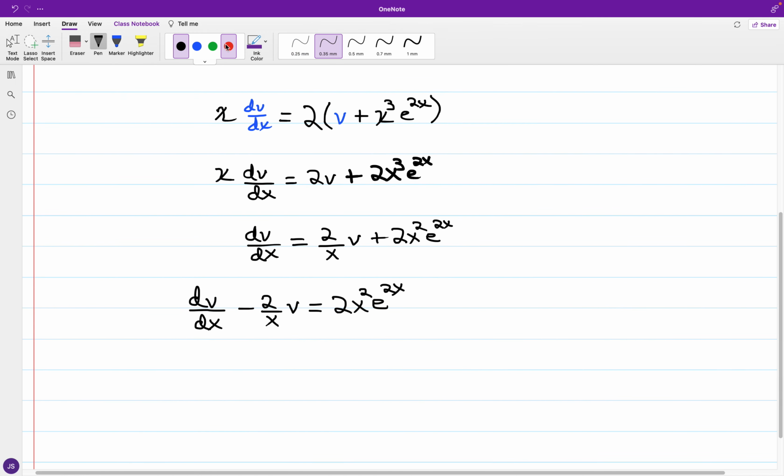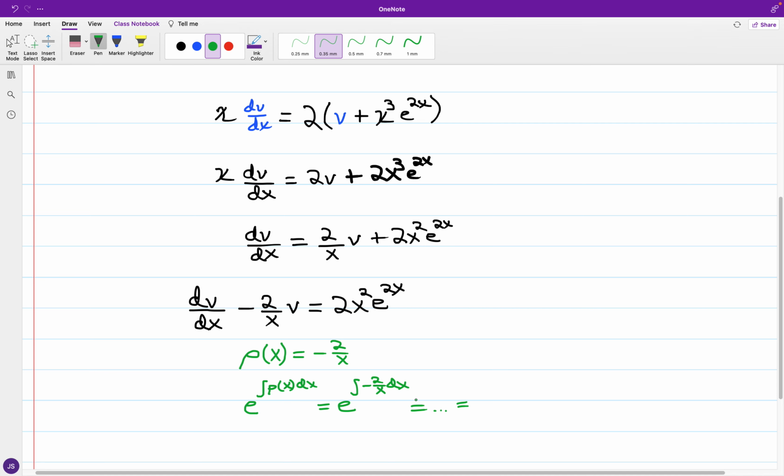Here, in the variable v, I have the pathway to creating the integrating factor. Now I got rho of x is equal to negative 2 over x. For the integrating factor, I'm going to have e to the integral of rho of x dx, so e to the integral of negative 2 over x dx.